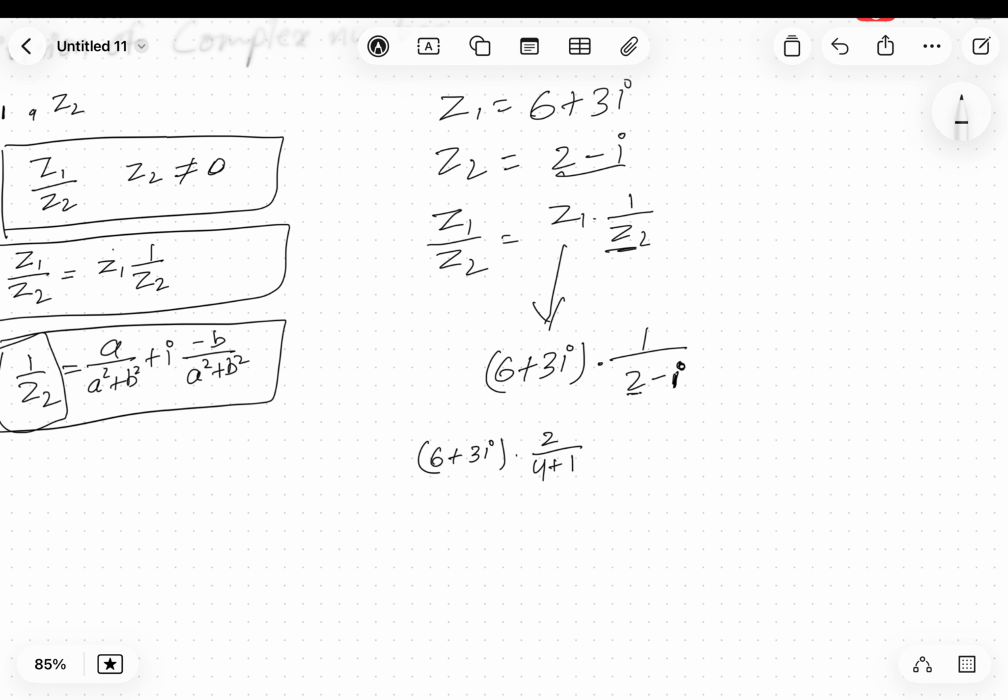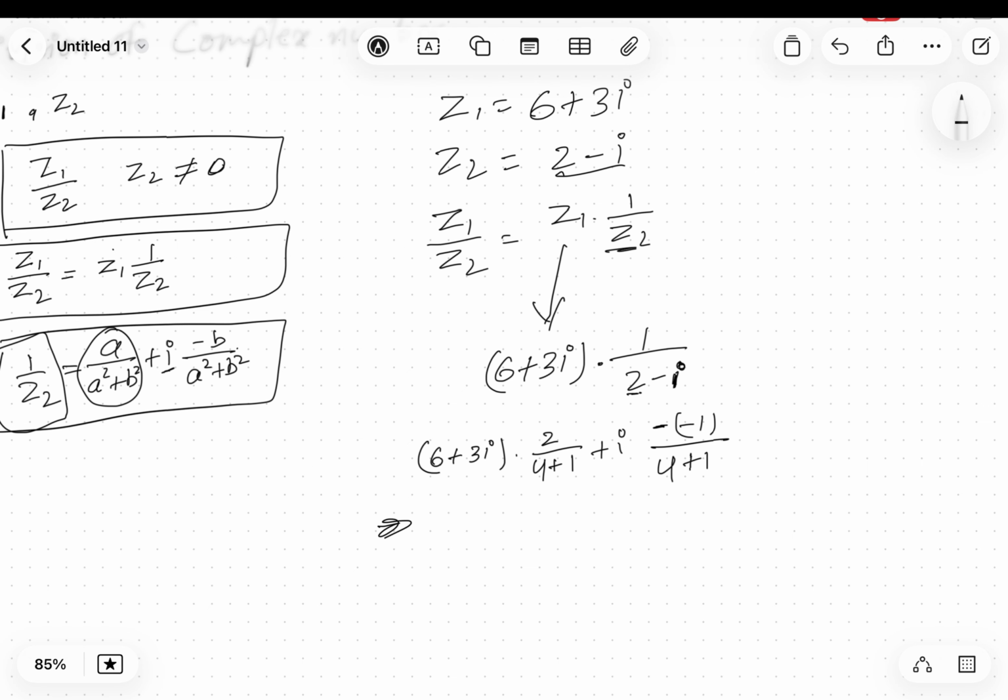Okay, and we have completed this. Now plus i minus b by, so minus b, so what is b here? Minus 1, and we have to keep this in negative, right? Plus 4 plus 1.